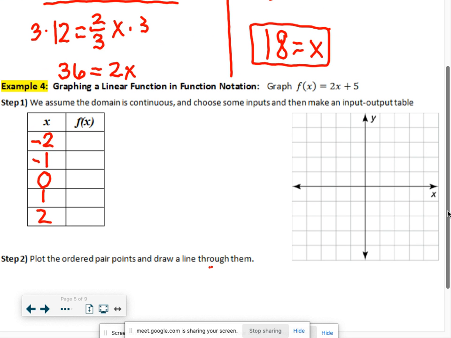So if we plug in -2, two times -2 is -4, right? Plus 5 gives me 1.